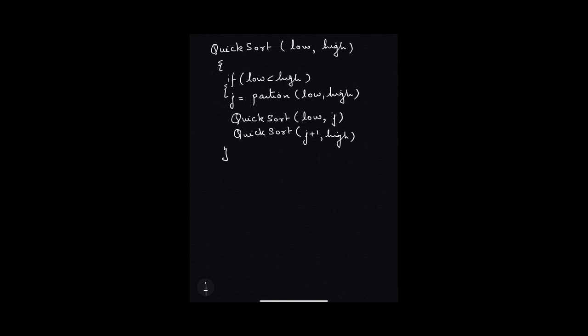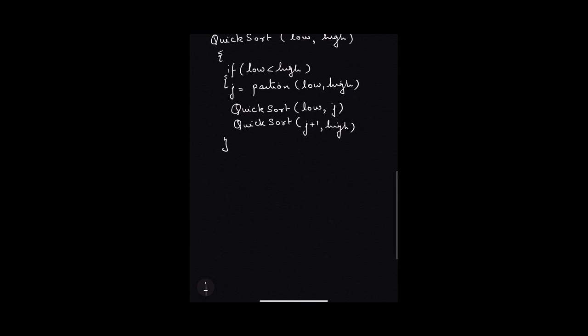Now to find the time complexity of quicksort, I can say that if my quicksort takes T(n) as a function of n, then each recursive call becomes T(n/2), since it is a partition of the array, and this also becomes T(n/2). We also know that the partition algorithm takes n units of time.